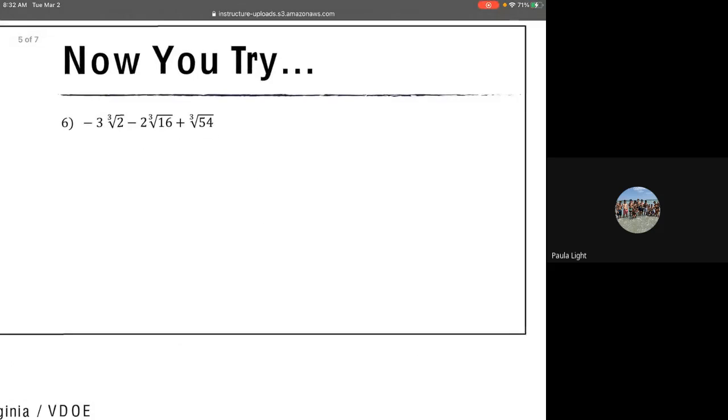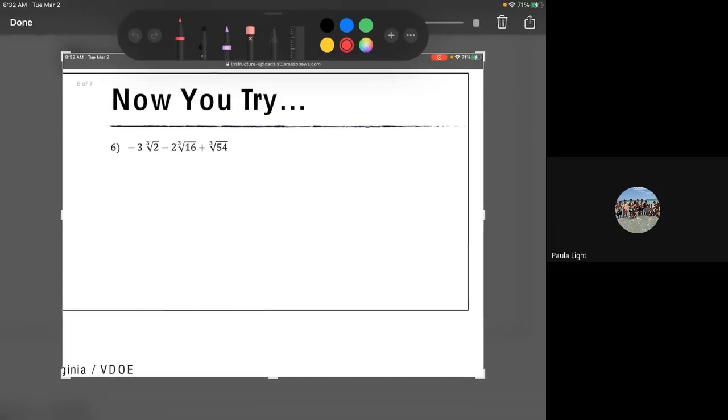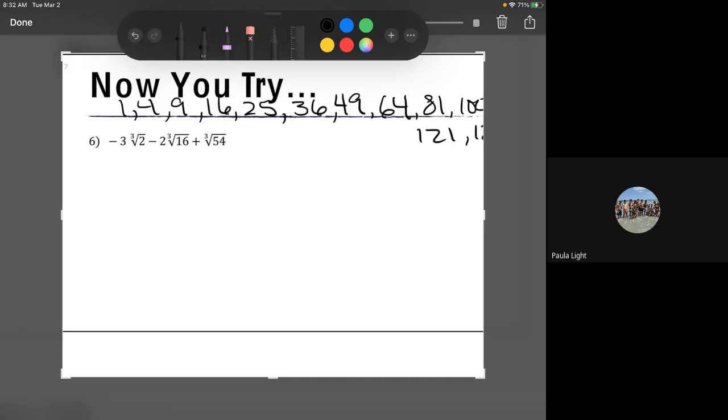Let's go to number 6. Strategy I suggest is listing out your perfect squares. The two I'm really going to focus on are the 16.